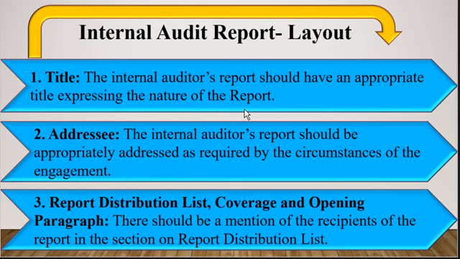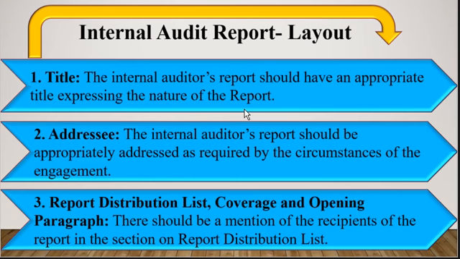In this, there should be a mention of the recipient of the report in the section on report distribution list. The internal auditor's report should identify the systems, processes, functional lines or other items of the entity that have been audited, including the dates of and period covered.